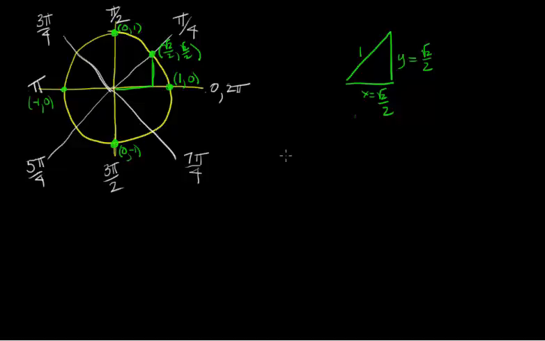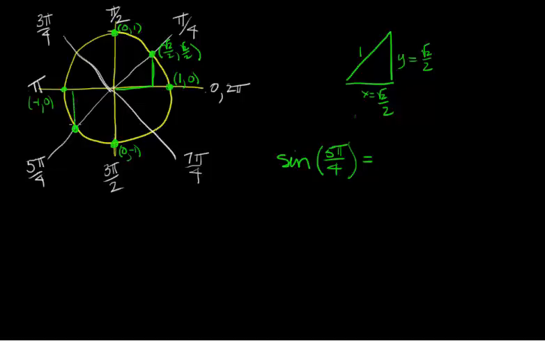So you can see, let's find the sine of 5 pi over 4. Well, I just count around here. I know I have 1, 2, 3, 4. Here's 5 pi over 4. I just need the y-coordinate of that point.